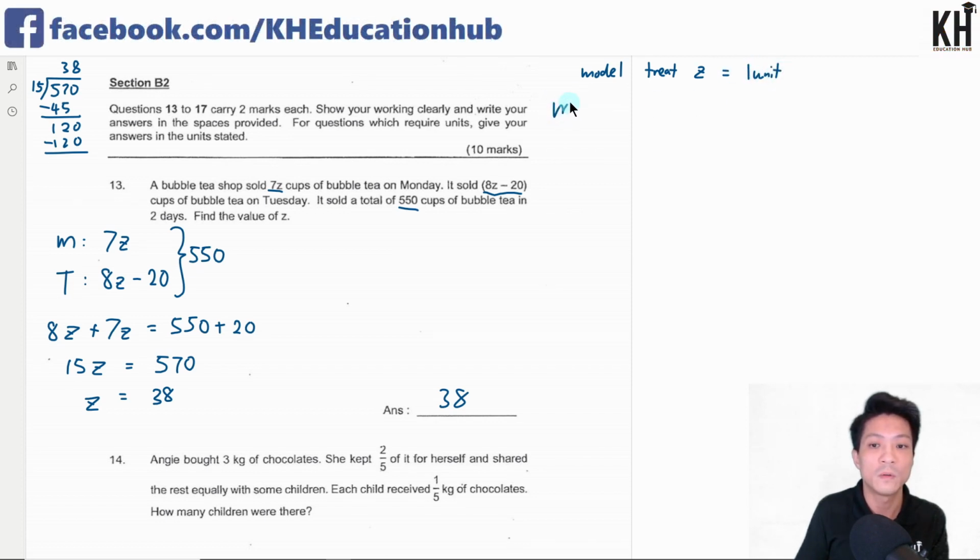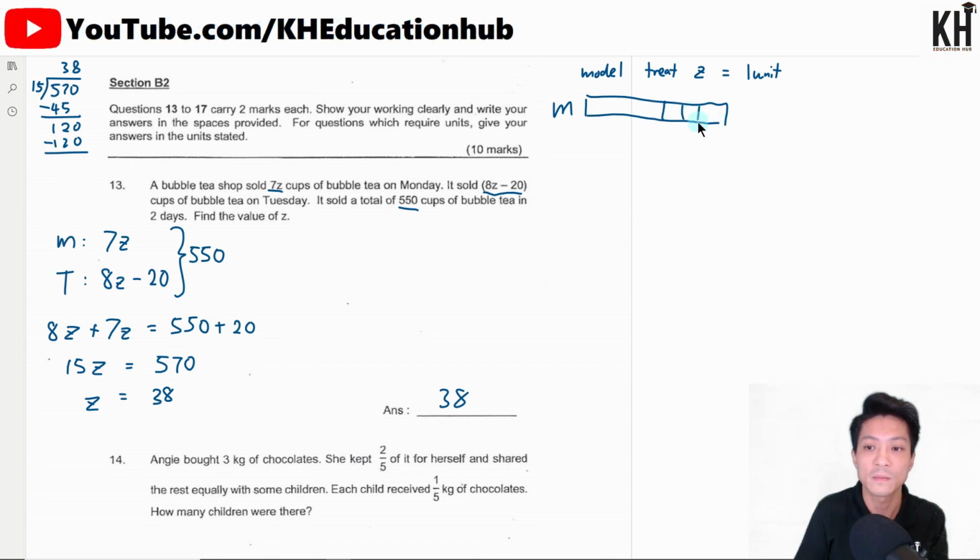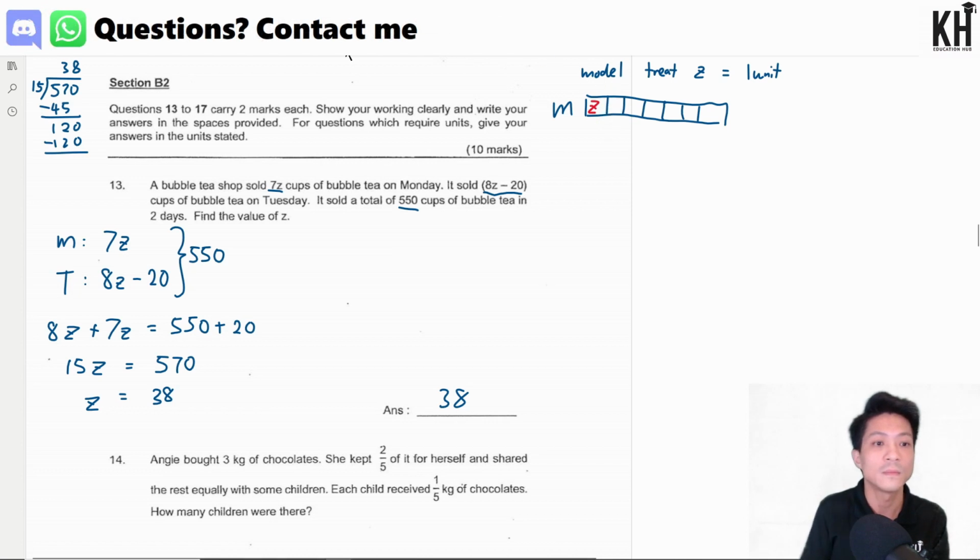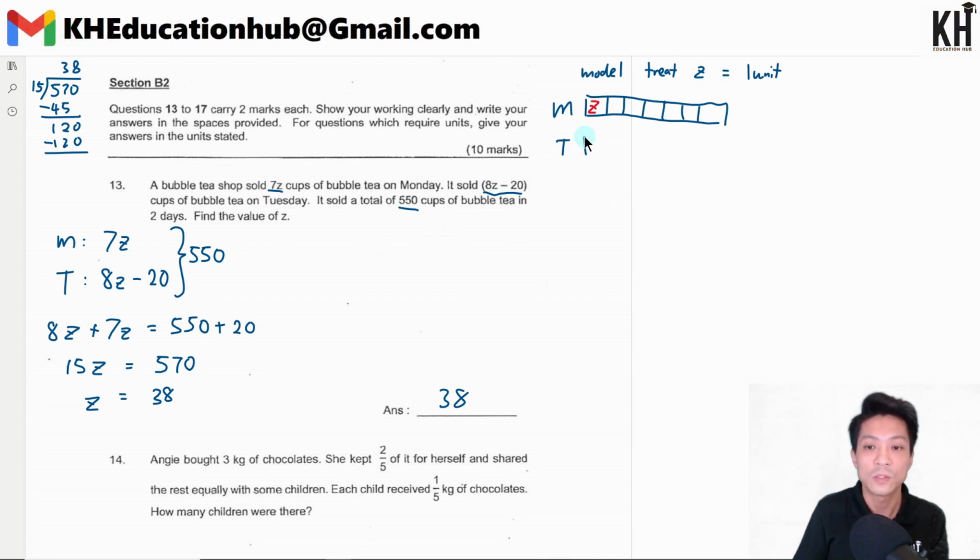For Monday, you need to draw a model where you cut it into 7 parts, and each one of them is treated as a Z.